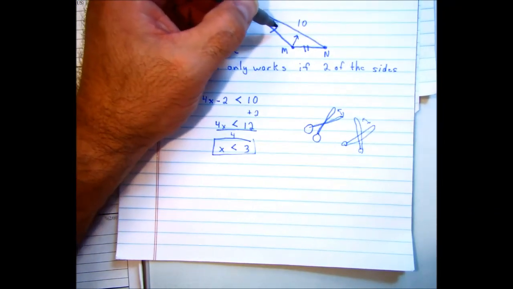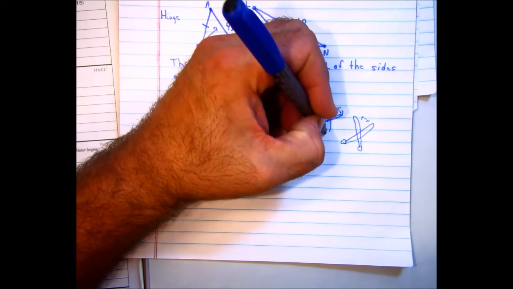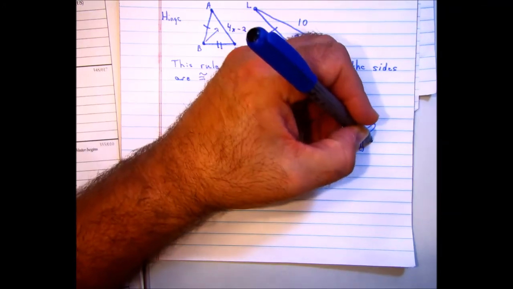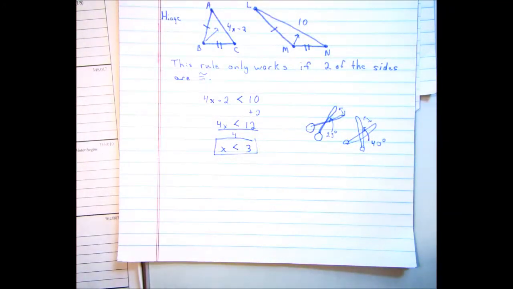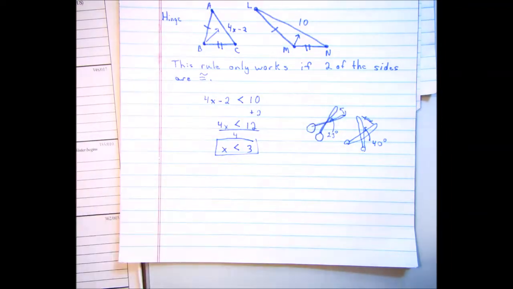And they say the angle measurement of this one is 23 degrees. So inside of here is 23 degrees. And then inside of here is 40 degrees. Which pair of scissors is wider open? Hopefully you know that it would be this pair is wider open. Okay. And that's called the what? Hinge theorem.